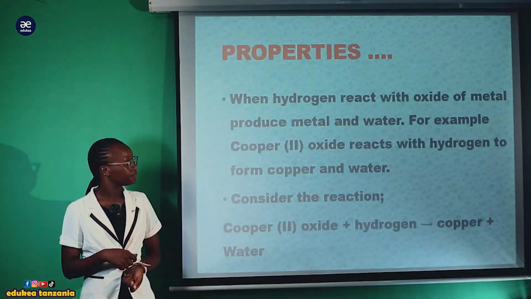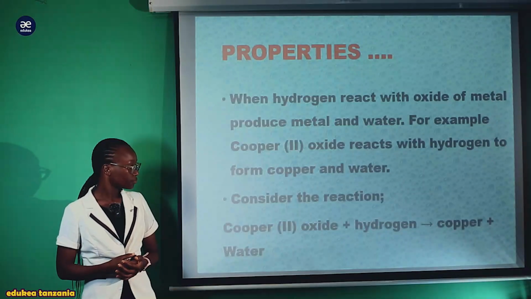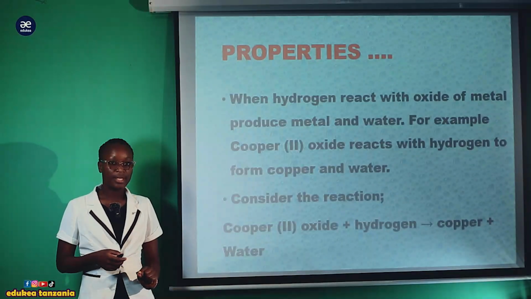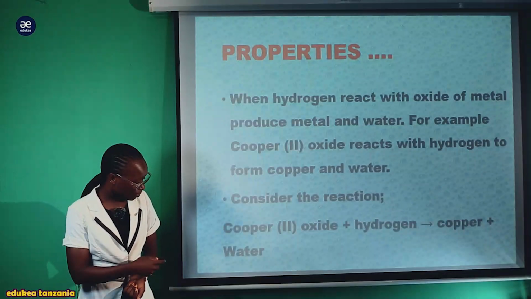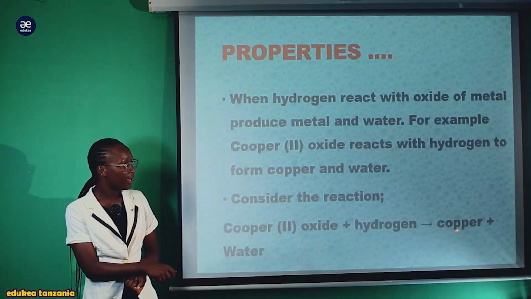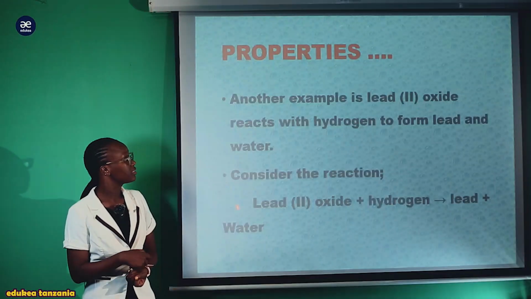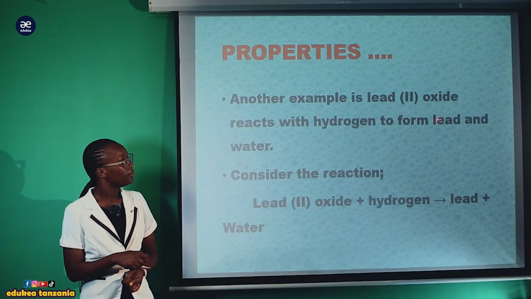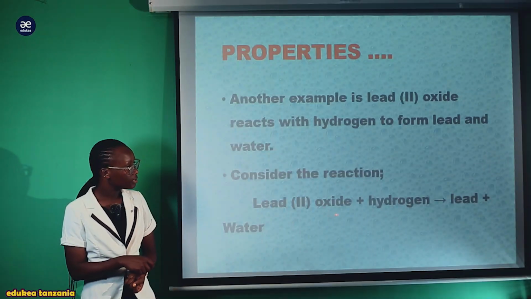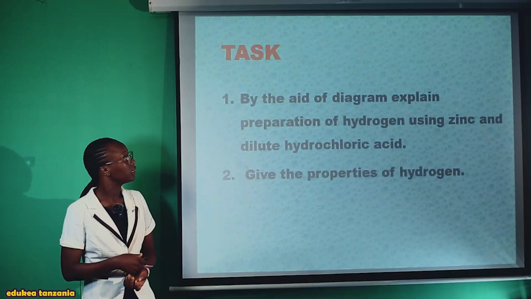For example, copper oxide reacts with hydrogen to form copper and water. As you can see in our reaction, copper oxide reacts with hydrogen to give copper metal and water. Another example is lead(II) oxide. It reacts with hydrogen to form lead and water. Consider the reaction: lead oxide, when you react it with hydrogen gas, you are going to have lead metal and water.